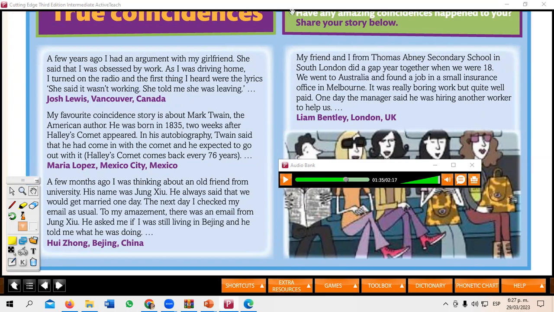Yes, exactly. So they went to Australia and found a job in an insurance office. Insurance, remember, de seguros, no? Insurance office in Melbourne. It was boring, but well paid. So the manager is hiring another worker. What do you think is the coincidence, maybe?